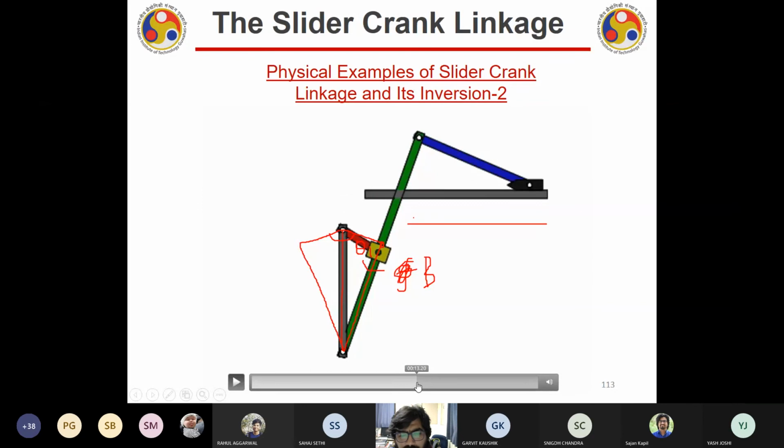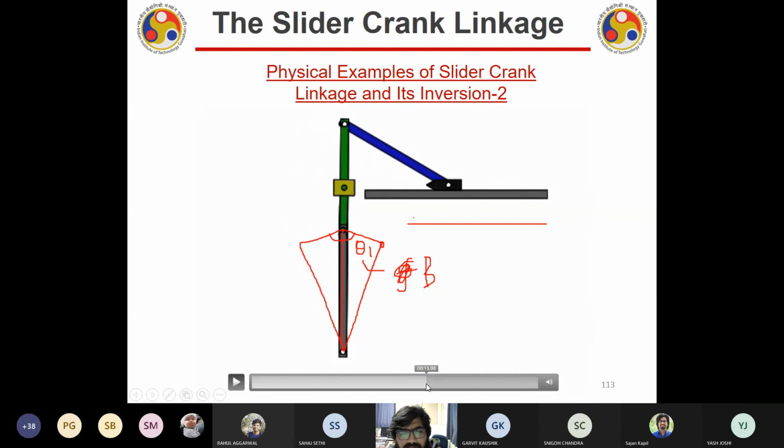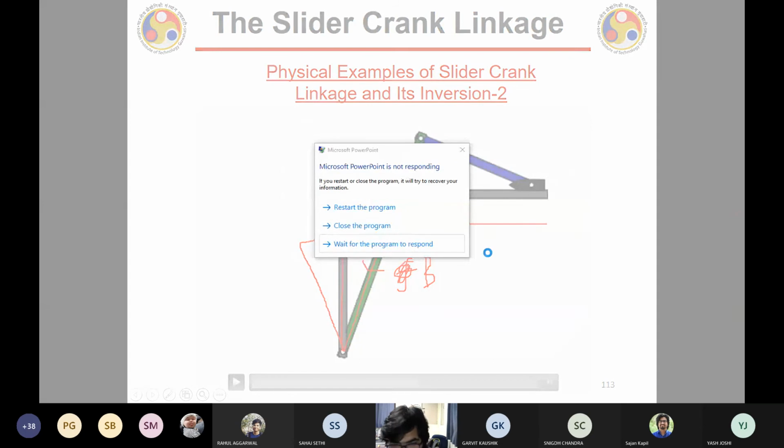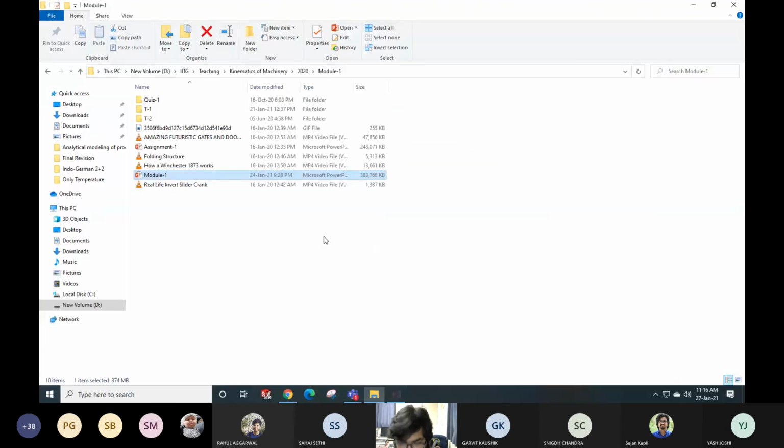So from this point onwards, for the forward motion, it has a larger angle, correct? So which one is larger? Let me draw it if possible, or it got hanged. Okay, fine. It will take some time now. So which angle is larger, theta1 or the angle above?